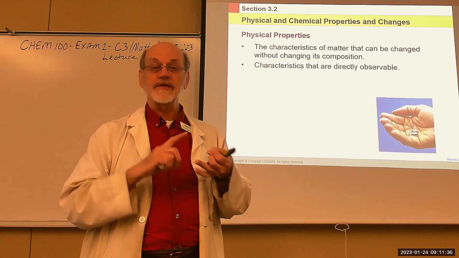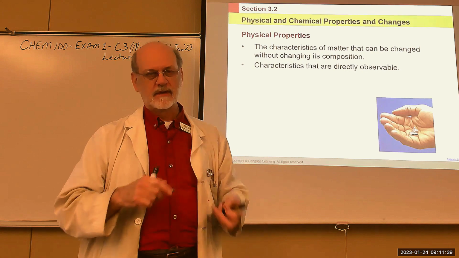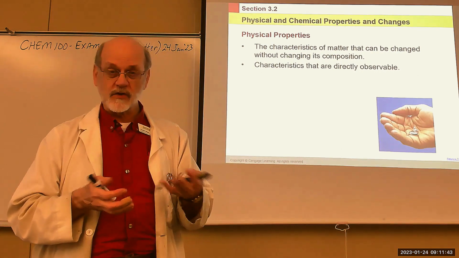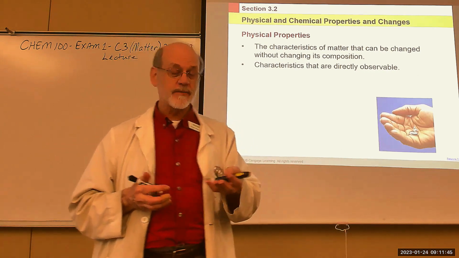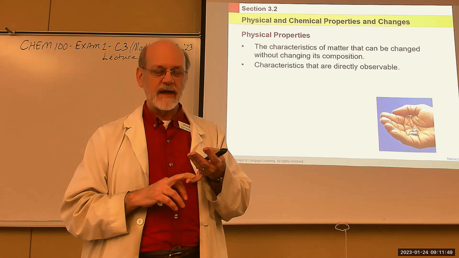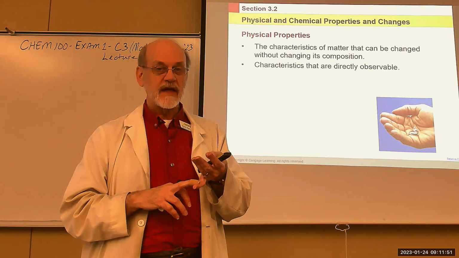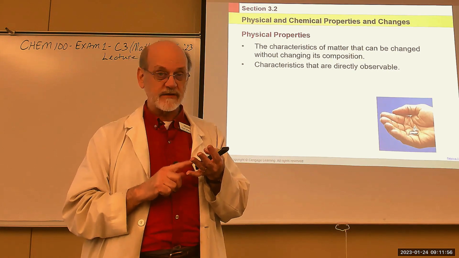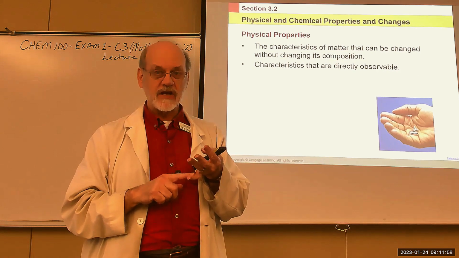Its physical property, it has a mass, it has a volume, even a temperature. We could identify those as physical properties. Now, those properties can change. The color could change. And if it does change, and the identity of the substance remains the same, then that change is physical.